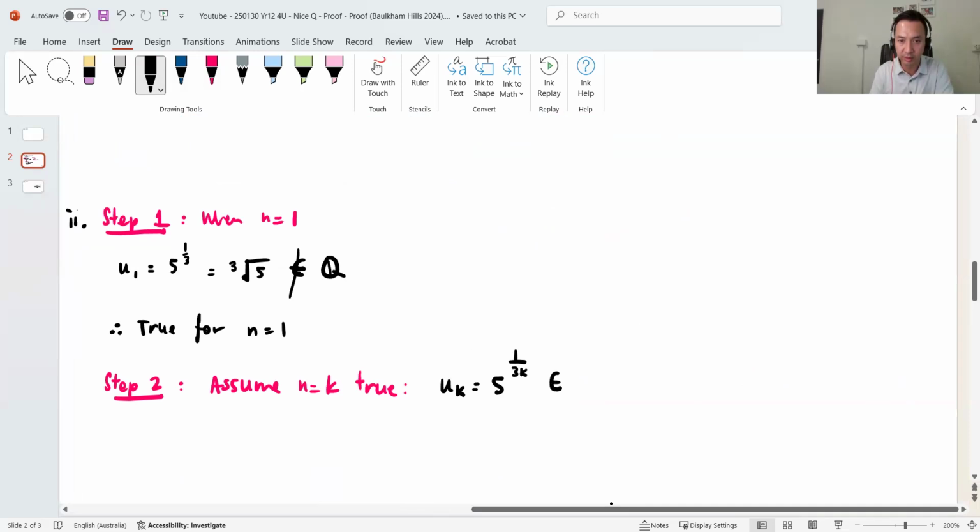Is irrational. I now need to prove n equals k plus 1 true, right? Which is u subscript k plus 1, which is irrational.